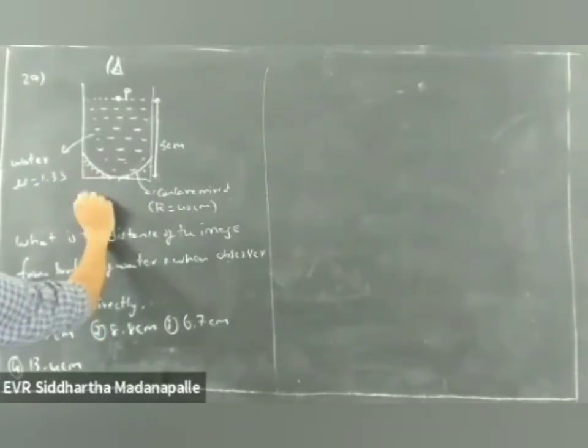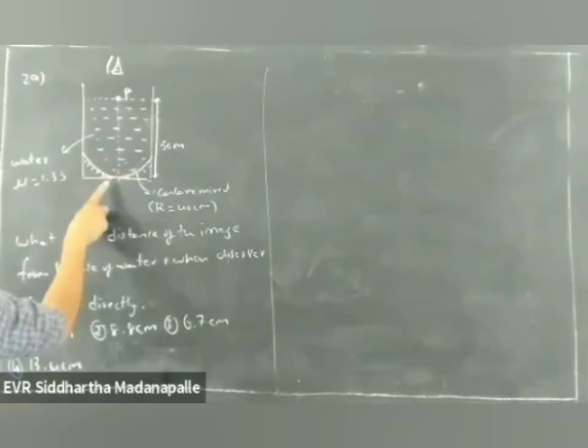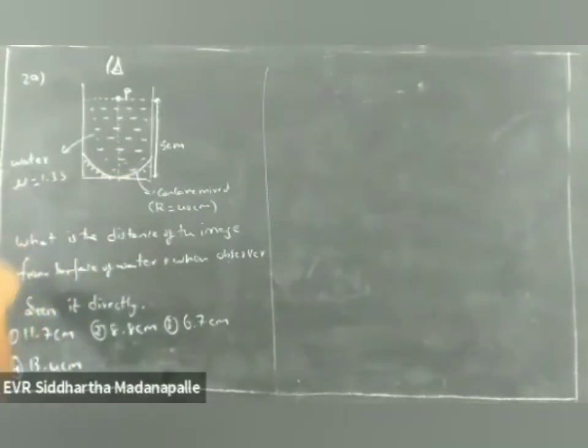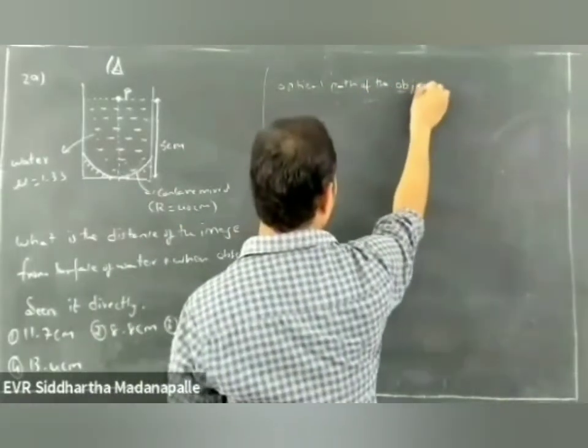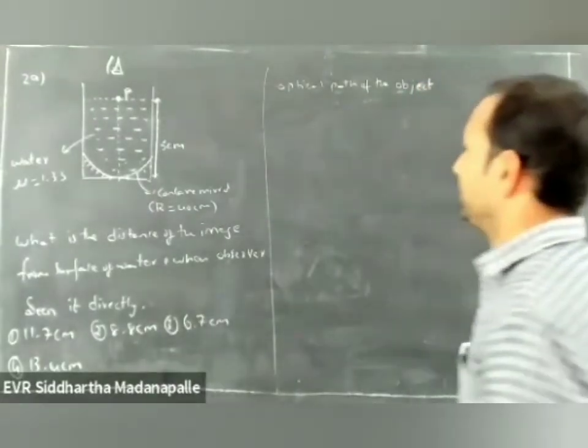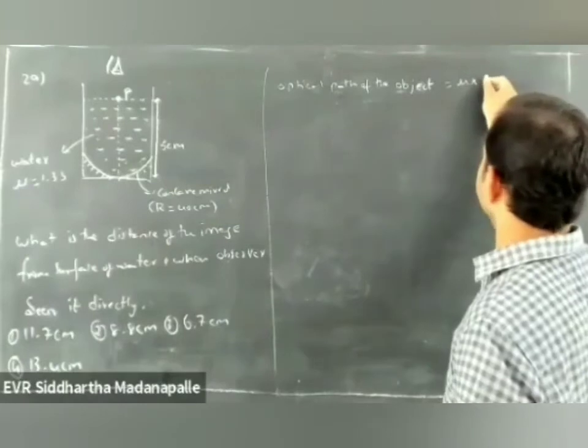Now here the light ray will traverse towards the mirror. So this is the path traveled in the water itself. Then what will be the optical path? So here, optical path of the object is equal to mu into 5 centimeter.